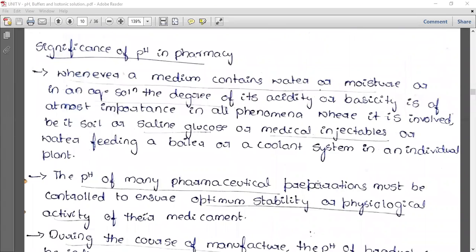Next is stability. As I said, for physiological activity and optimum stability, the pH has to be controlled, or else it can lead to degradation of the product. I'll give you an example. For parenterals or any other product, there is a glass known as soda lime glass, which is made up of sodium ions.